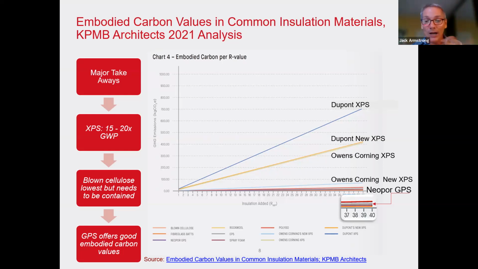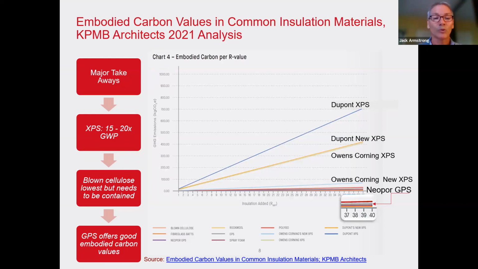So now that we know, gosh, if I have a R30 input and there's a variety of different carbon intensities, what does that really mean? So the major takeaway here is sometimes in the red boxes that you see over here, extruded polystyrene has 15 to 20 times more global warming potential than many of the comparative products, whether it's, say, blown-in cellulose, which happens to be the lowest, and which makes sense because blown-in cellulose is typically made from recycled newspaper, which is cellulose.